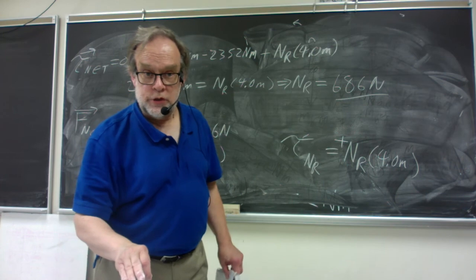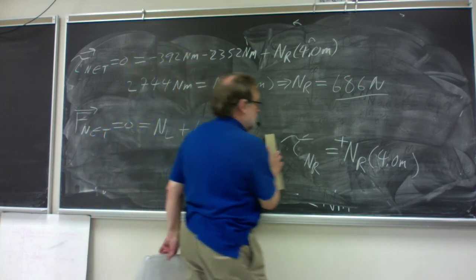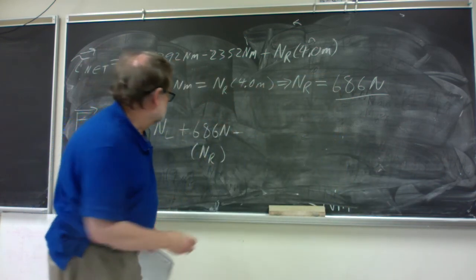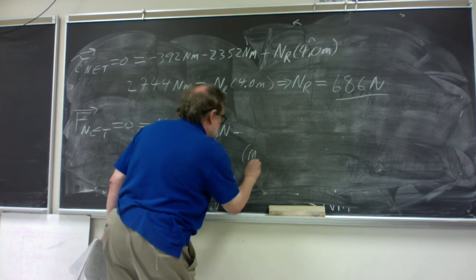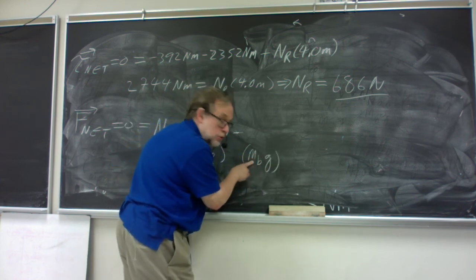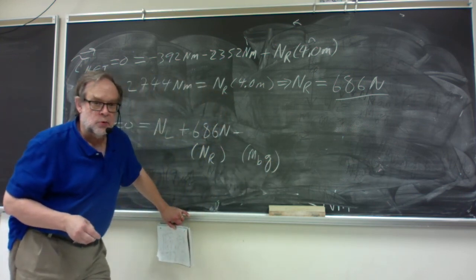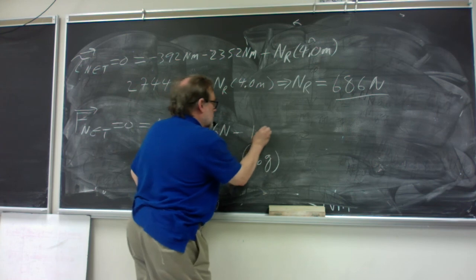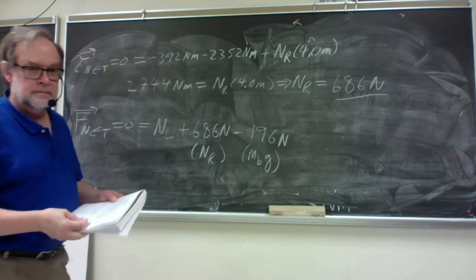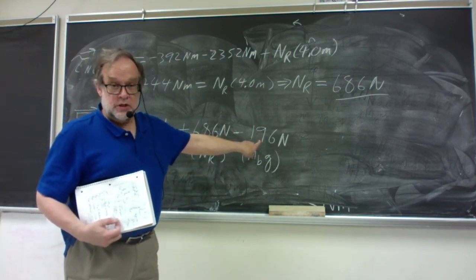Minus the downward forces. One downward force was the weight of the board, which is mass of the board times G. That's 20 kilograms, that's 9.8. So 20 times 9.8 is 196 newtons. Notice one thing here. What goes here is a force.